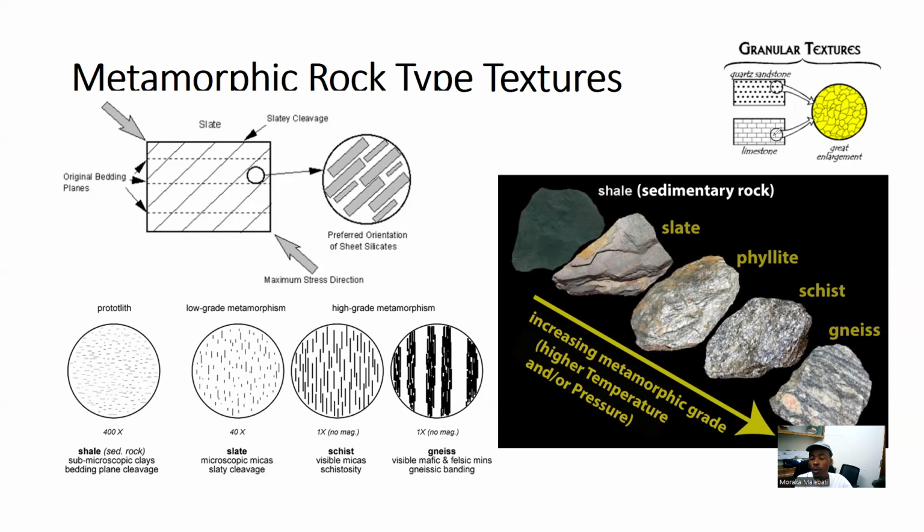If you expose them to contact metamorphism, that is to say the intrusion, then limestone will be metamorphosed into a marble, and sandstone will be metamorphosed into a quartzite, for example. And if you check, they've got what you call a granular texture.